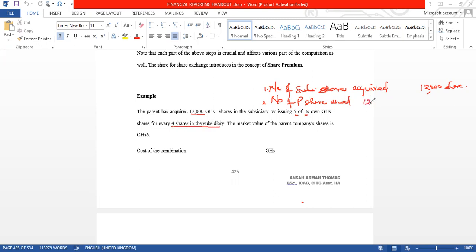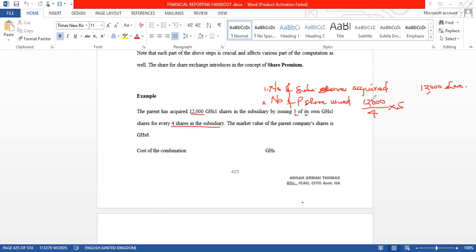Now, the number of shares they have in the subsidiary is the number they bought. So for 4 shares out of these acquired shares, the parent is giving 5. So this is how you quote it.